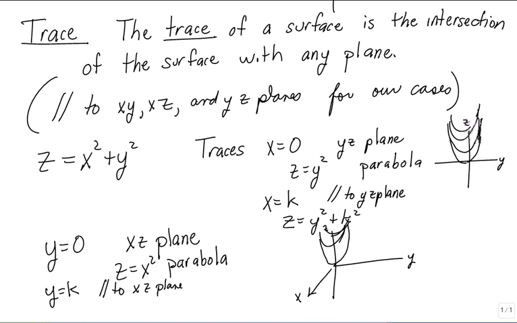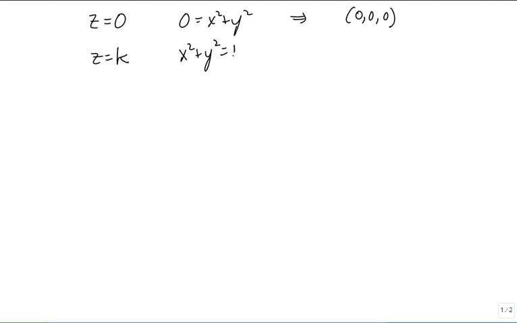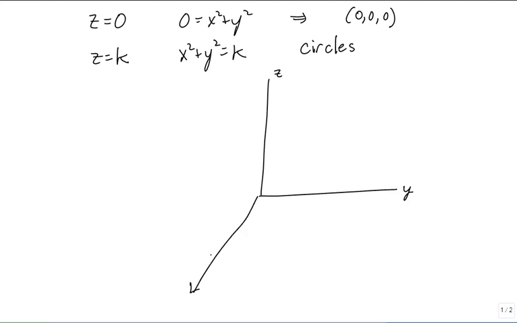Now, if we let z equal 0, then we have 0 equals x squared plus y squared. We just get the point 0, 0, 0. And if we let z equal a constant, we get x squared plus y squared equals z, which are circles. So, let's draw the finished product.